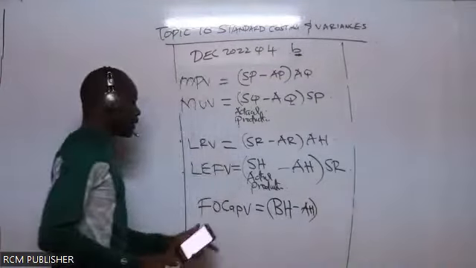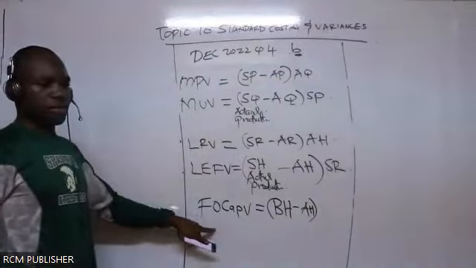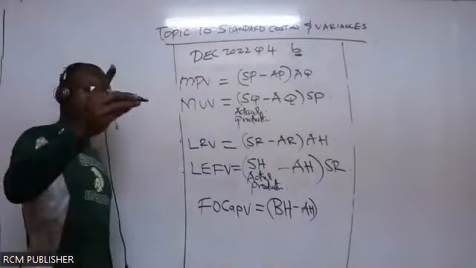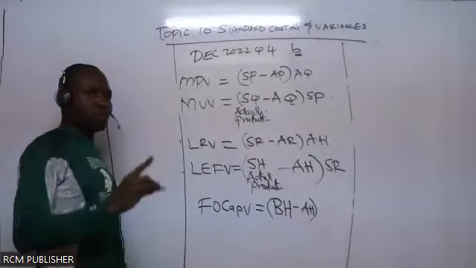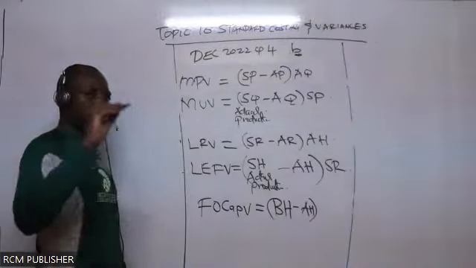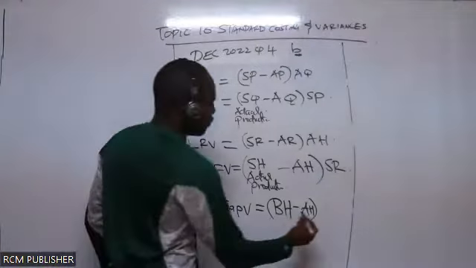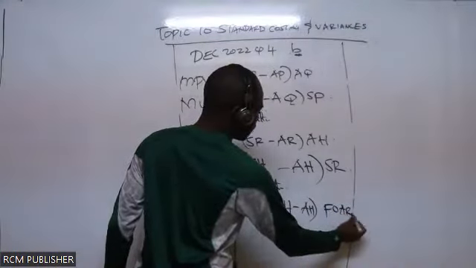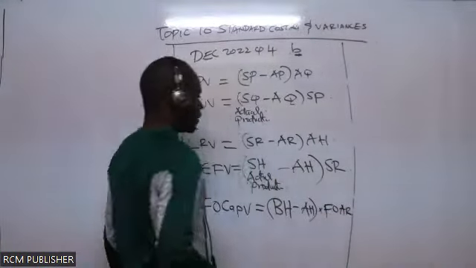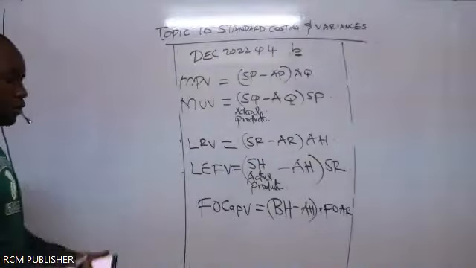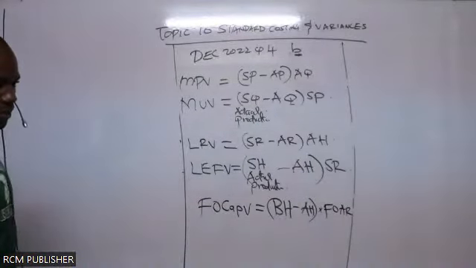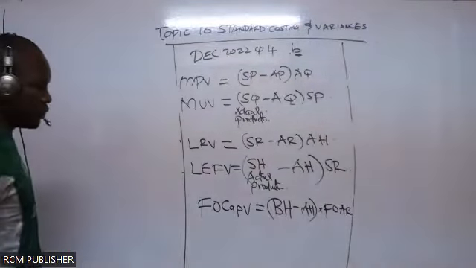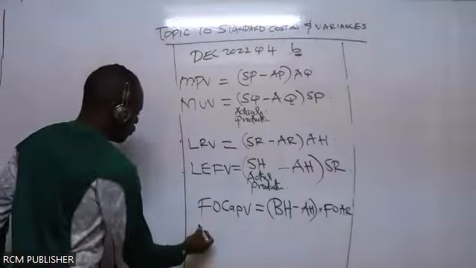Then anytime you're going to deal with the overheads, the fixed overhead and the variable overhead, you bring in the concept of the last part of topic number 4, topic number 5, and topic number 7, which is the fixed overhead absorption rate, multiplied by the fixed overhead absorption rate. So are we able to get the fixed overhead absorption rate? That is what we need to put in place.